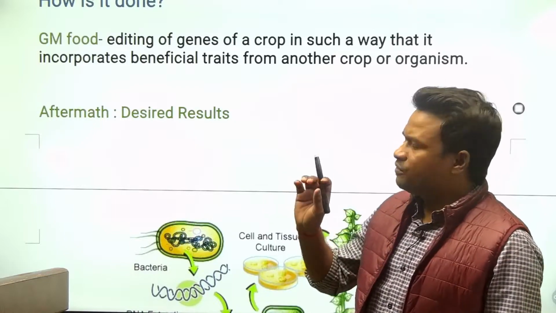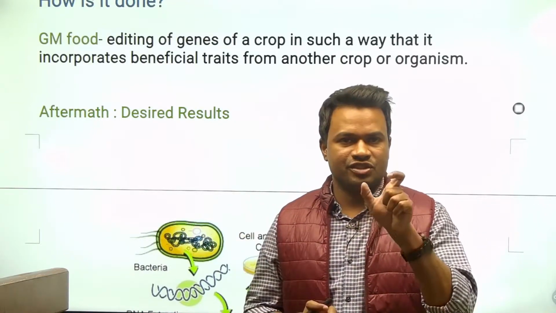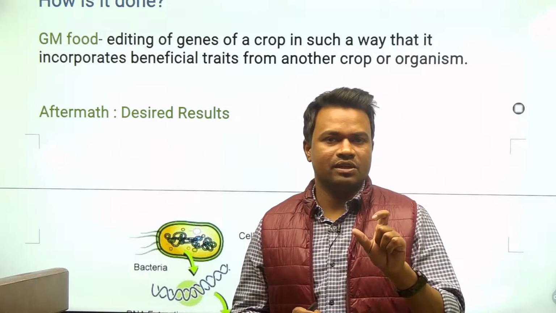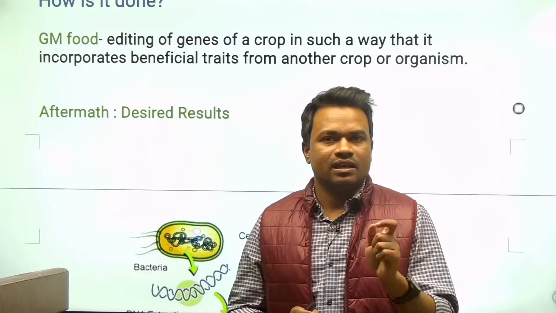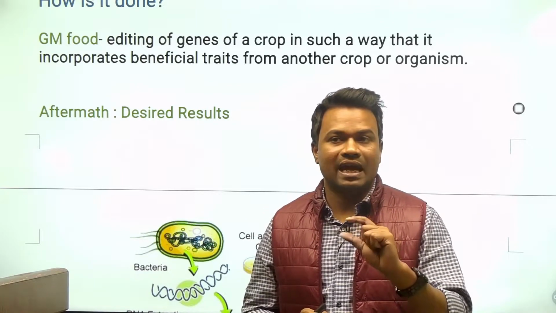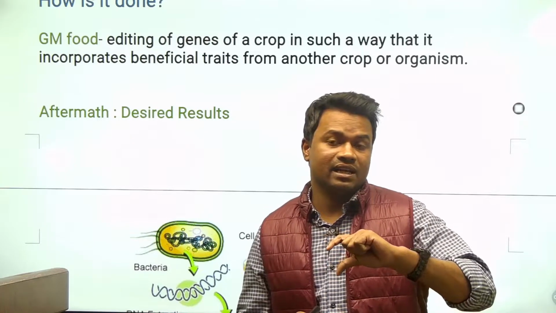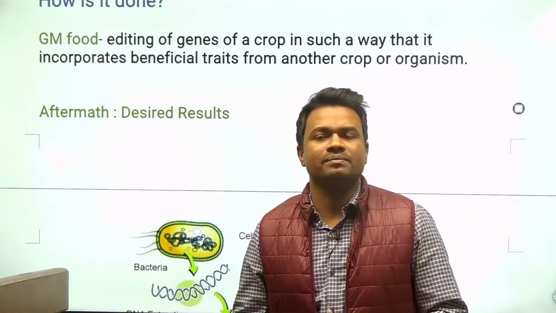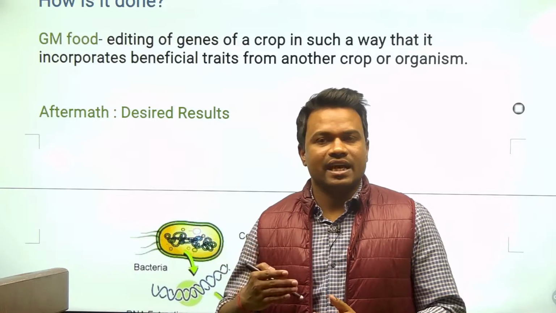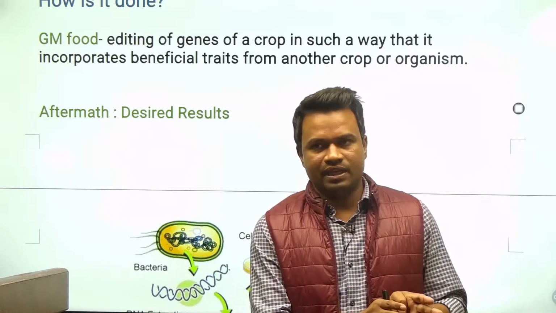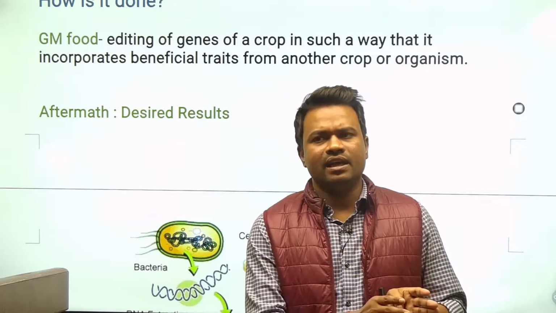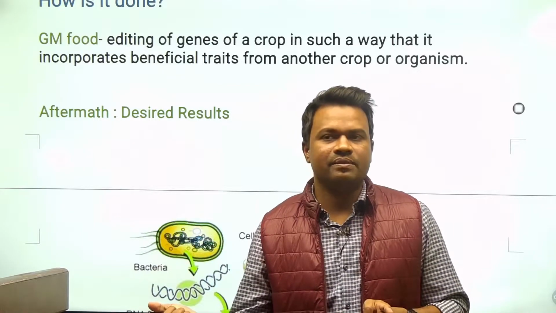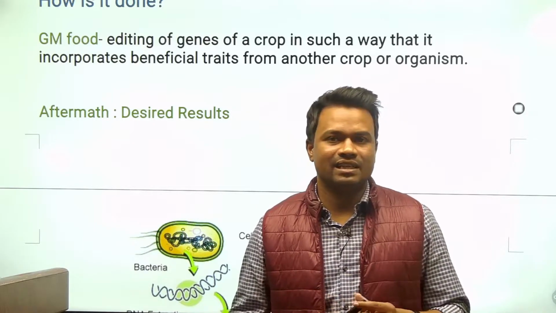But if we edit the gene, that means if we change the traits in the gene structure, particularly the DNA, and insert a particular character taken from a plant, animal or any other organism that is desired in a particular species of plant or animal, we can use that trait of the other organism with the help of genetic engineering.